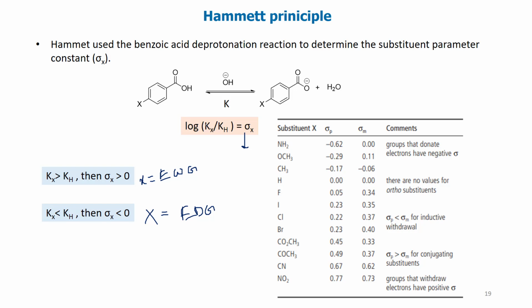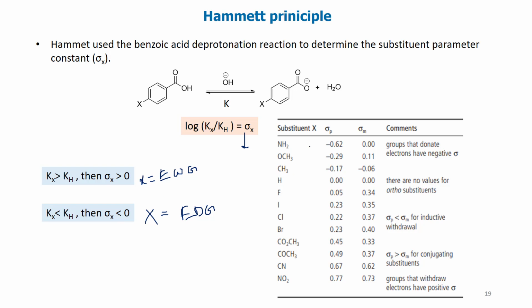From this equation you can see, if Kx is greater than KH, this ratio will be greater than 1, so the log will be greater than 0, and sigma x will be greater than 0. And if Kx is less than KH, this ratio will be less than 1, and that's why sigma x will be less than 0, or negative.